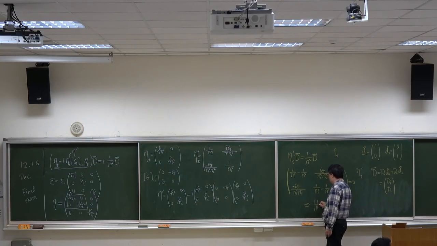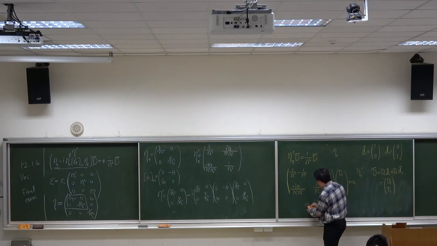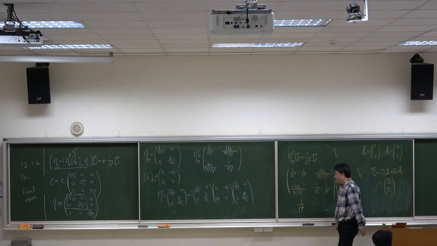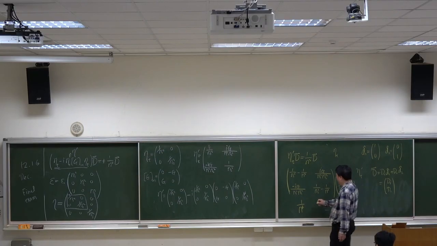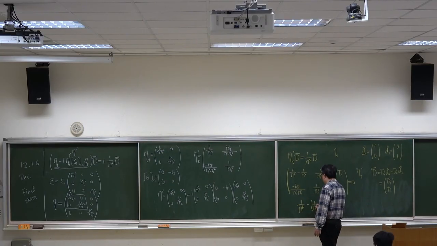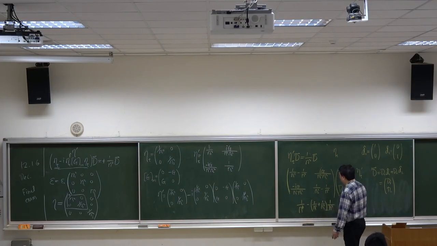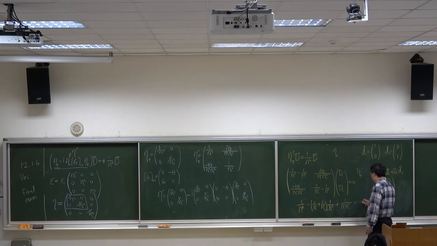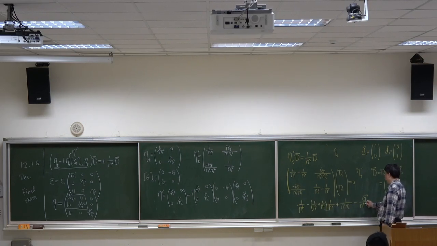We see that it's equal to (1 over n squared) squared minus (1 over n1 squared plus 1 over n2 squared) times 1 over n squared plus 1 over n1 squared times 1 over n2 squared, minus g squared over n1 to the fourth, n2 to the fourth, equal to 0.